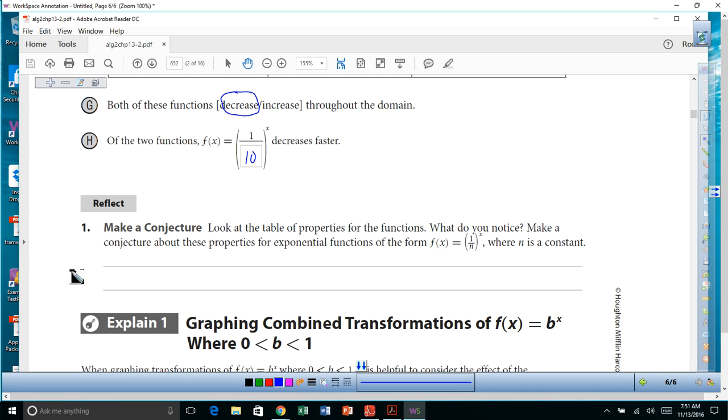Well, when you look at that table, notice the domain, range, y-intercept, and end behavior are the same for both functions.